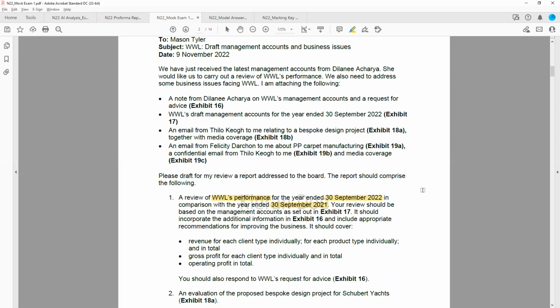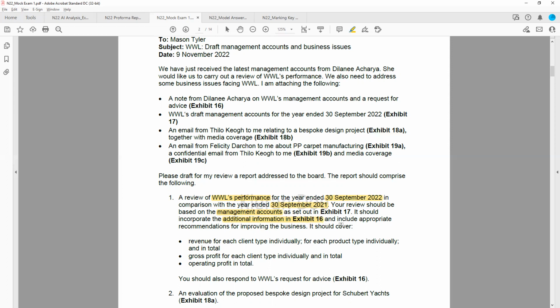Your review should be based on the management accounts as set out in Exhibit 17. It should incorporate the additional information in Exhibit 16 and include appropriate recommendations for improving the business. It should cover. So as usual, we've got the management accounts, and it looks as though we've got some narrative to go with those, which will give us the reasons why certain things have gone up or down.